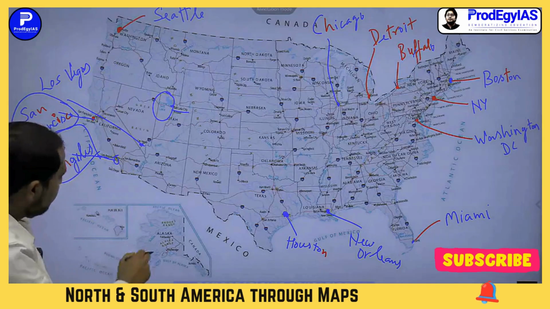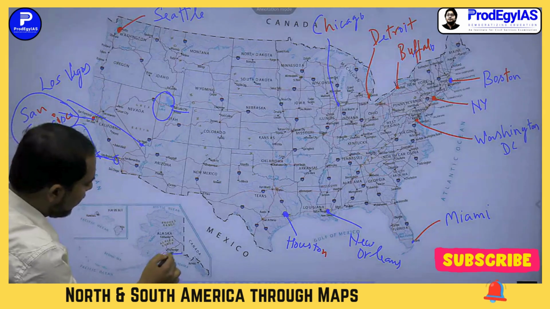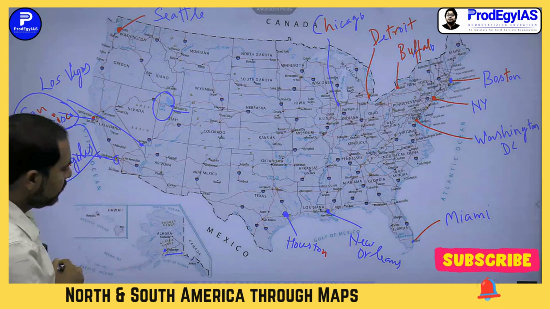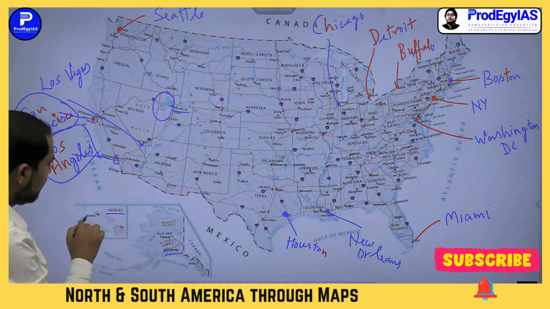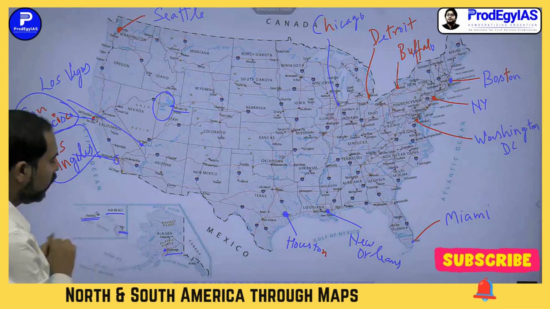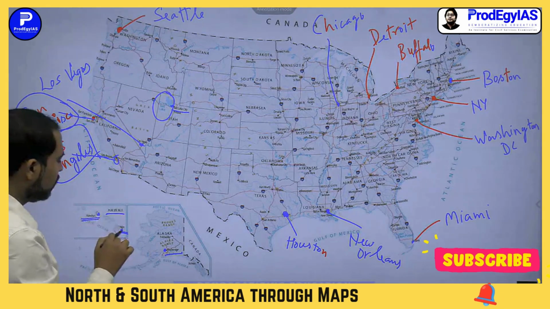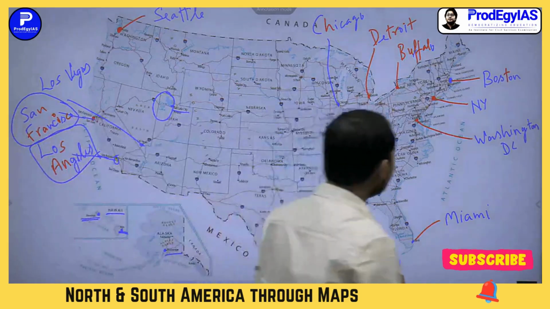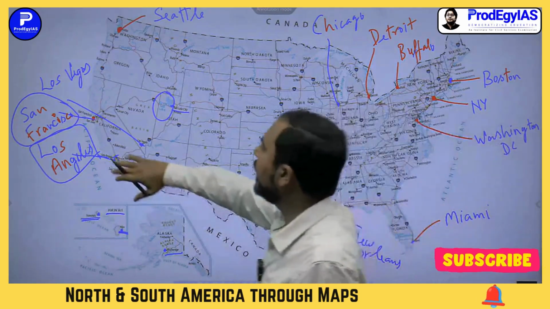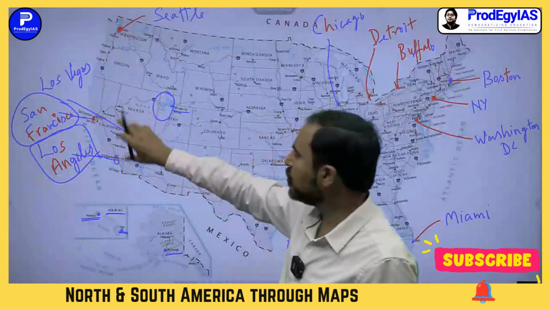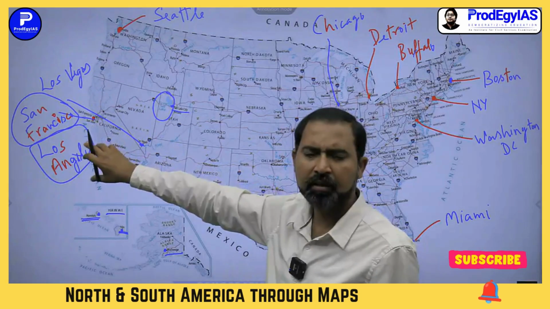In Alaska, one important city is Anchorage, and in Hawaii, two important cities. One is Honolulu and another is Hilo. Honolulu and Hilo. Yeah, the whole California is Silicon Valley actually, but most of the companies' headquarters are in LA.